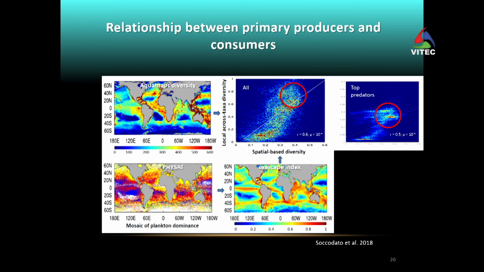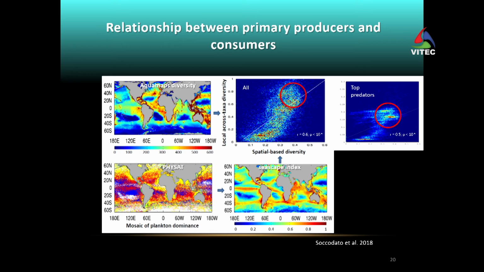And in fact, what happened was that if we consider, for example, the whole trophic levels, so invertebrates, mammals, fishes, from herbivores to predators, we have this picture, and we have this relationship where we can still identify these biodiversity hotspots.